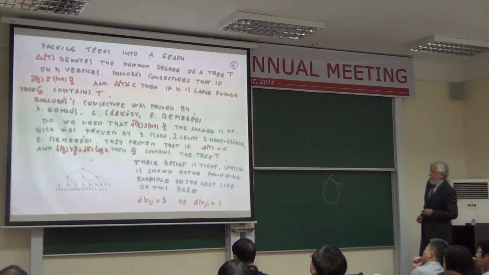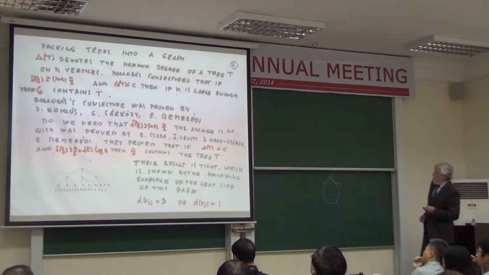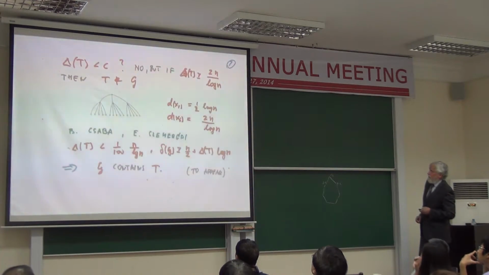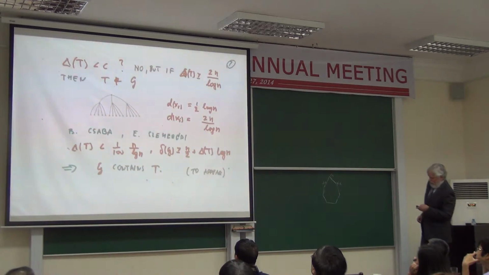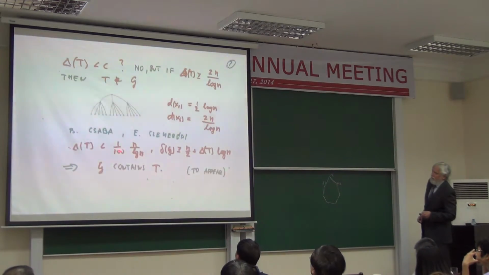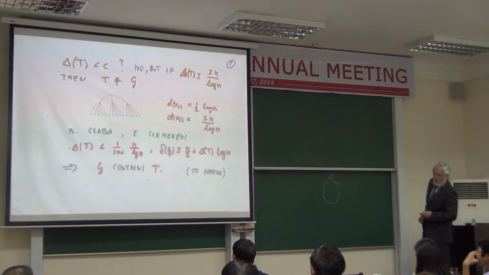Much bigger means that the degree has to be less than 1 over 100. This is an artificial number here. Actually, it's 1/2, you can prove it, but then your proof will be much more complicated. It's not worth determining the best constant here.